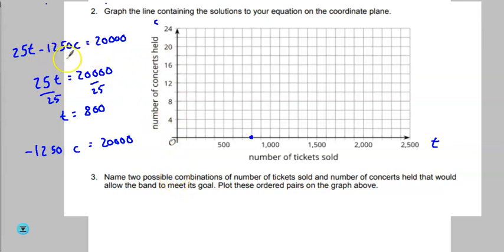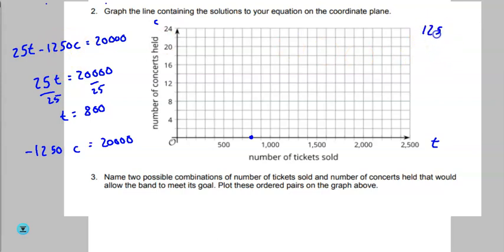So instead, I want to look at what would happen if we held 4 concerts, right? How many tickets are we going to have to sell if we have 4 concerts and want to raise $20,000? So I'm going to look at another possible point.